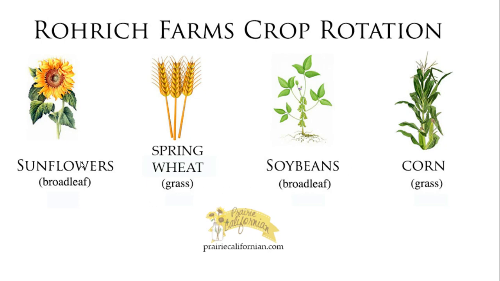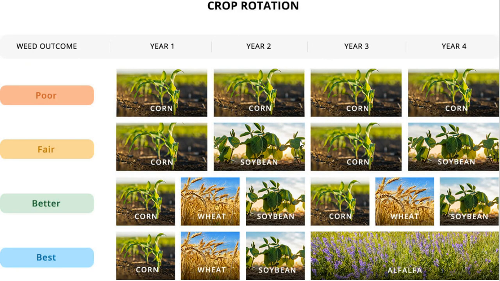Here is another crop rotation example. This is a little graphic of somebody testing the weed problems in different crop rotations or lack thereof. They're showing right here that growing straight corn, weed outcome is poor, meaning lots of weeds and weed problems.